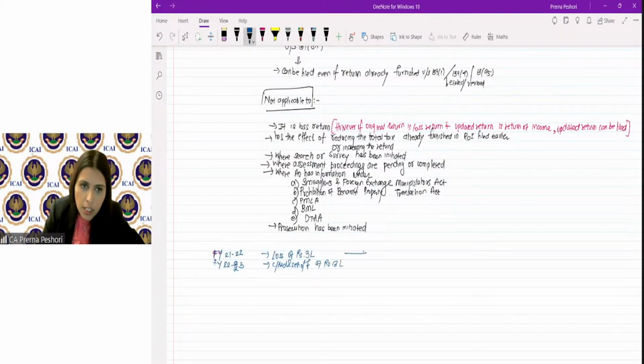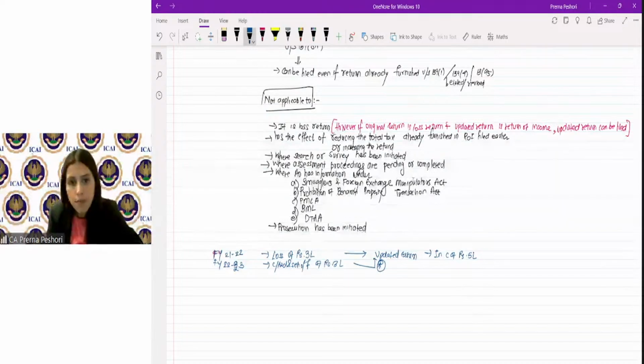Now for this year, I'm going for updated return, and I'm disclosing, let's say, income of rupees 5 lakh. So this year, I'm filing the updated return. Now for the next year, since I have claimed the loss and now I'm converting to income, I have to also file the updated return for the next year as well.